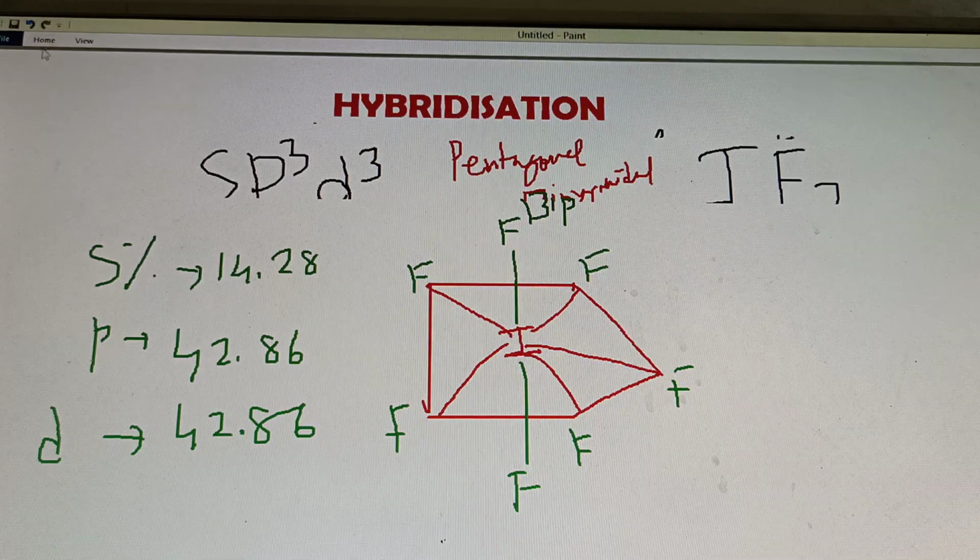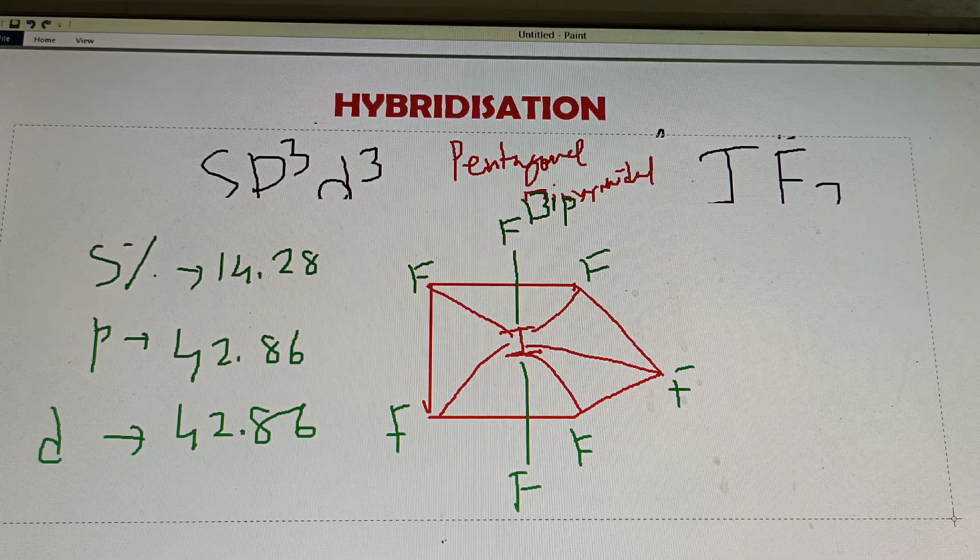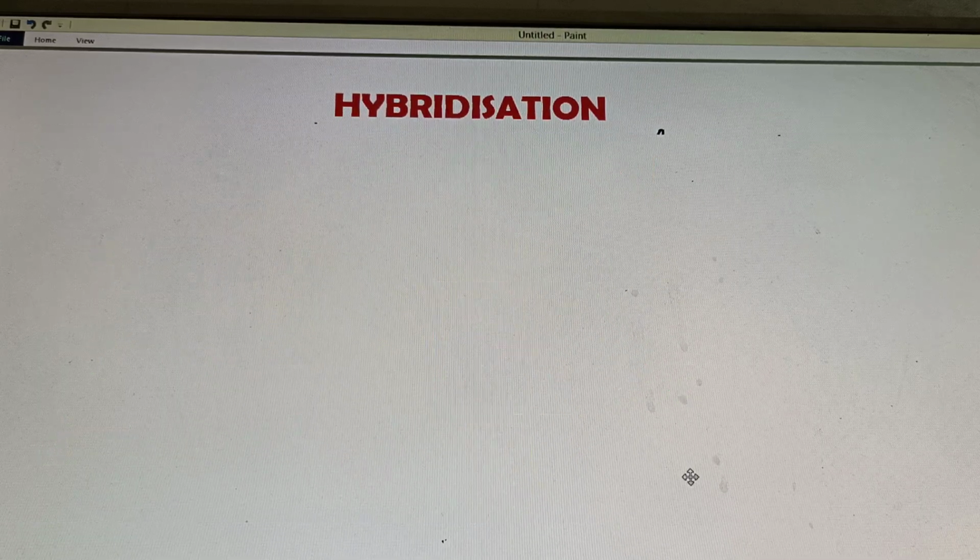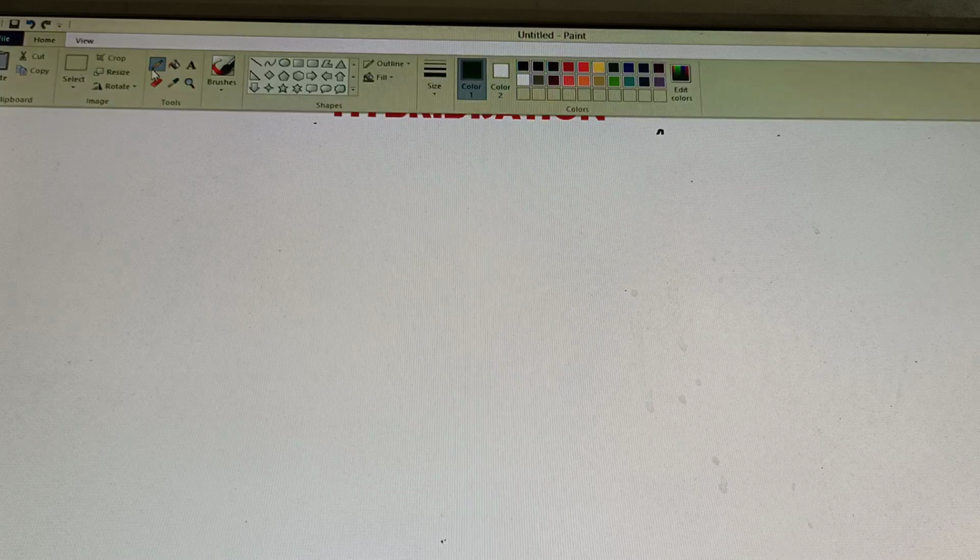Now finally, before conclusion, we shall discuss some tricks to find the hybridization of a molecule.